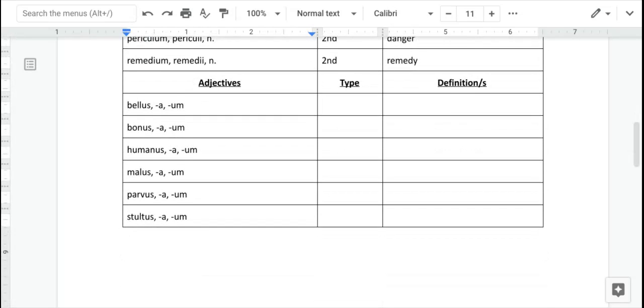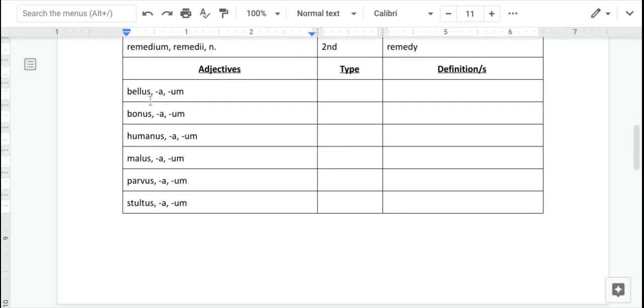So let's take a look at the adjectives. We've listed adjectives a couple different ways so far, but this is the standard format for listing a Latin adjective. What's new is this is called a 2-1-2 adjective. Latin only has two types of adjectives, and we won't see another type for quite some time.